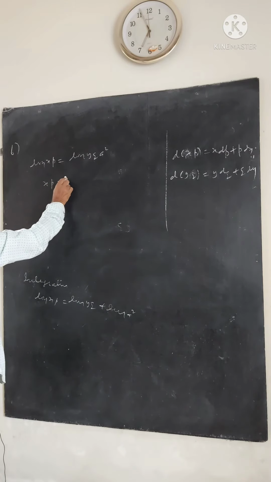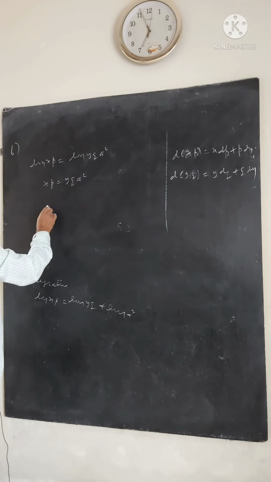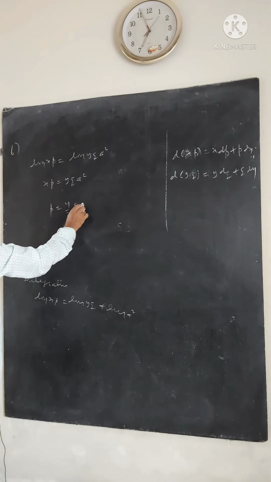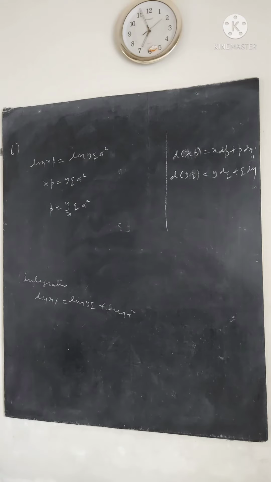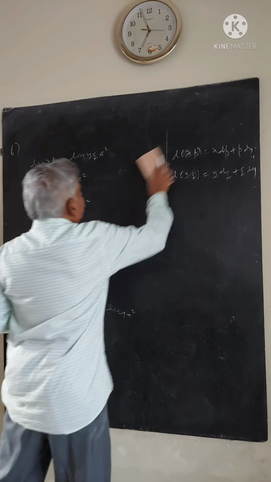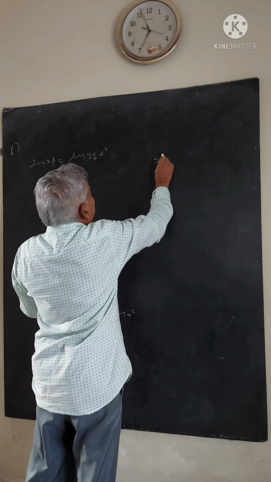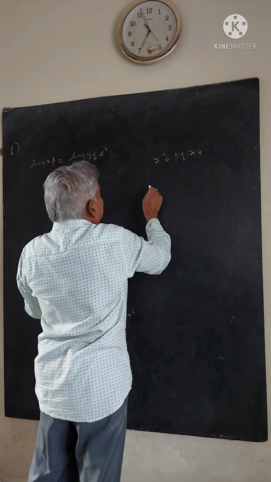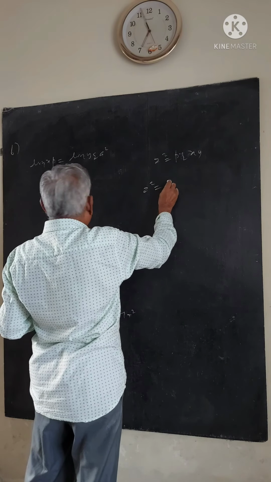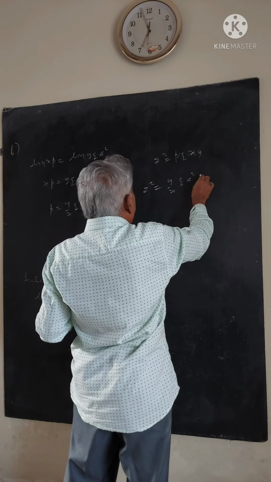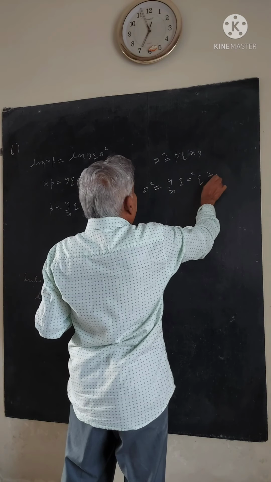Removing log on both sides, xp equal to yq a square, so p equal to y by x q a square. Applying in the sum z square equal to pqxy, z square equal to y by x q a square q xy.